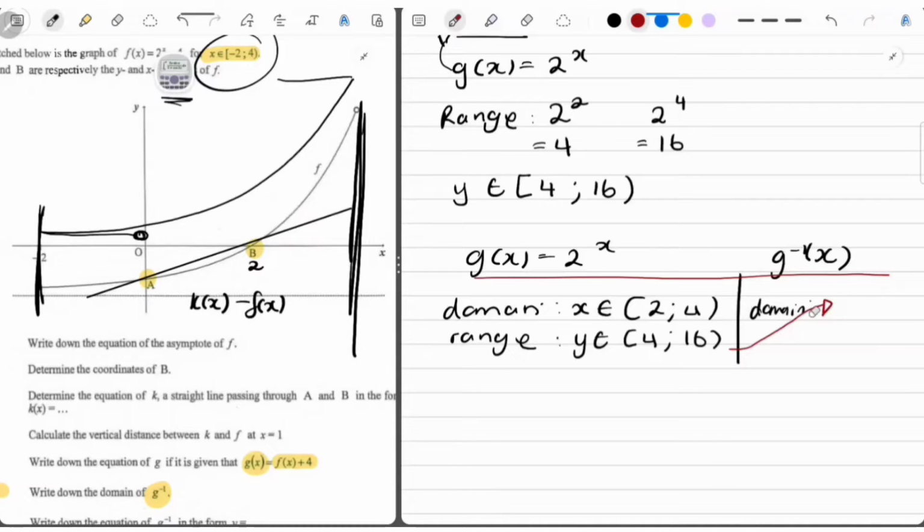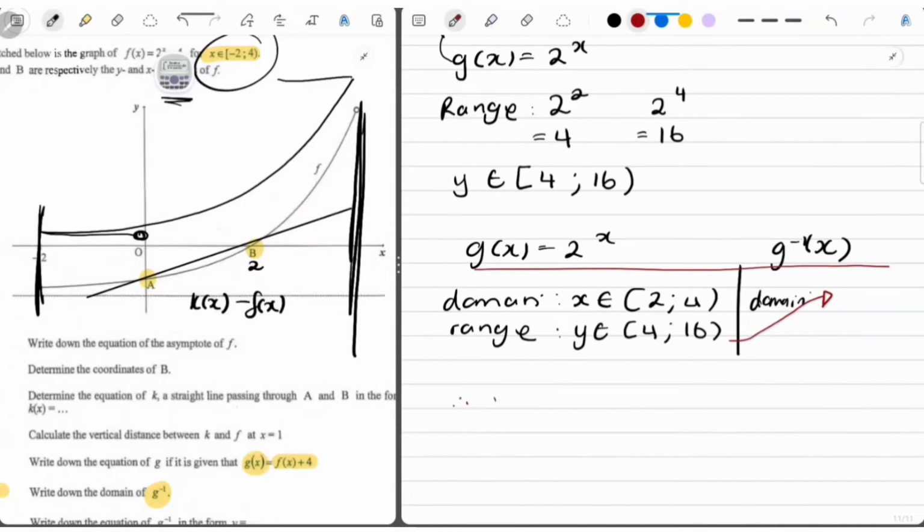But of course, it's a domain, so you cannot write it in terms of y. You have to write it in terms of x. So by that rationale, because of that restriction, the domain of the inverse of g is x is an element of 4 all the way to 16 with a curved bracket. That's what I would say is the answer there.